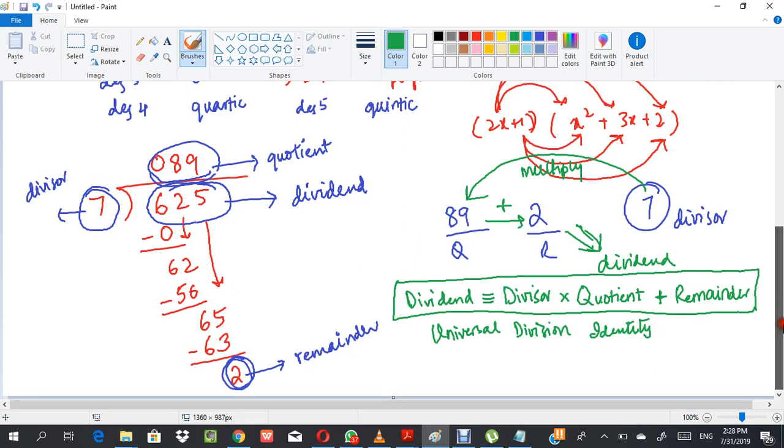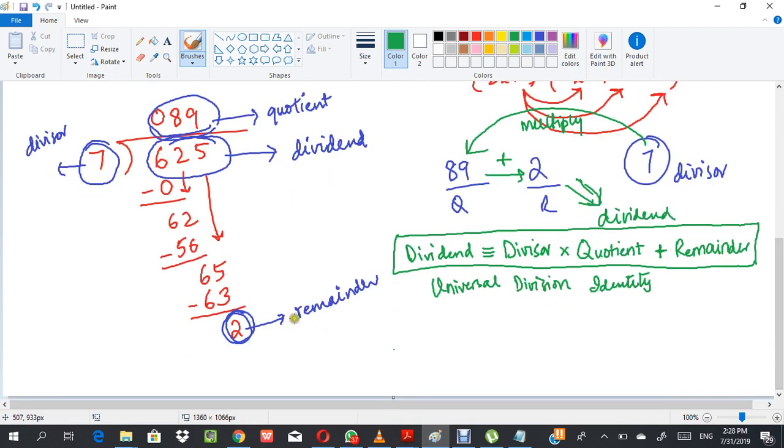Having said that, let's move forward towards division of polynomials. Now, since this universal division identity is a universal identity, that means it holds true for polynomials as much as it does for numbers.